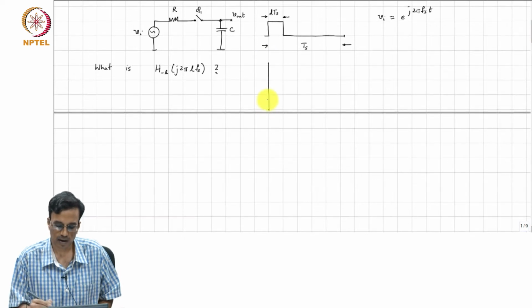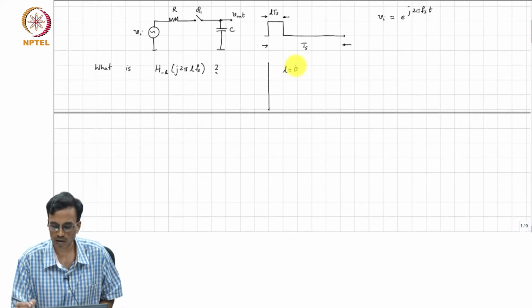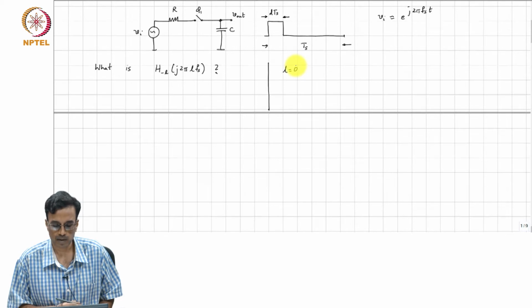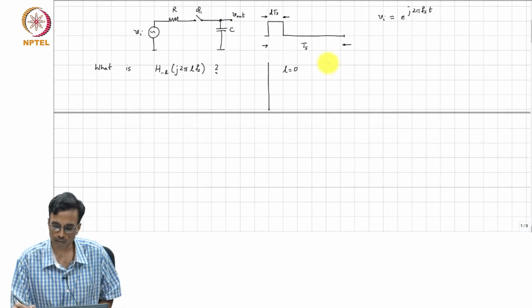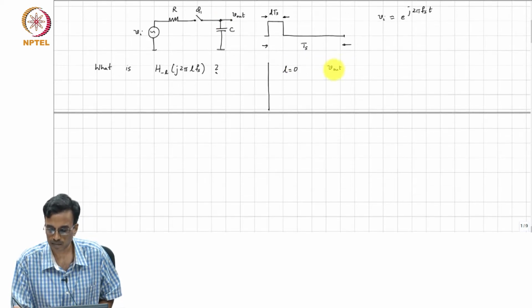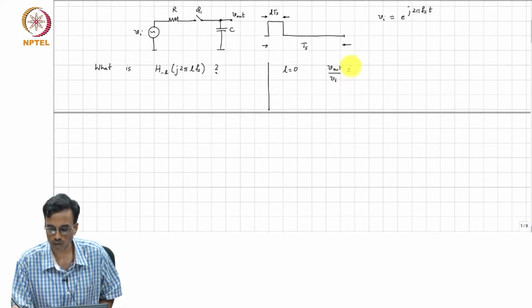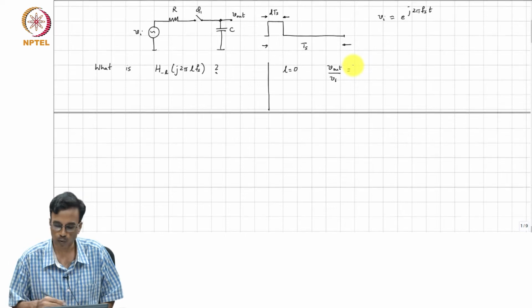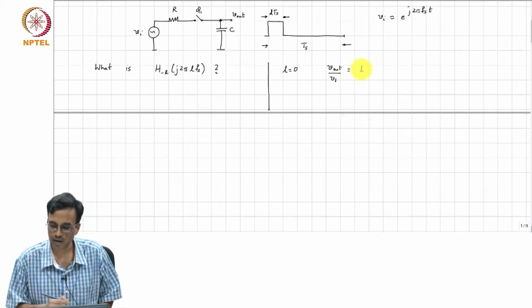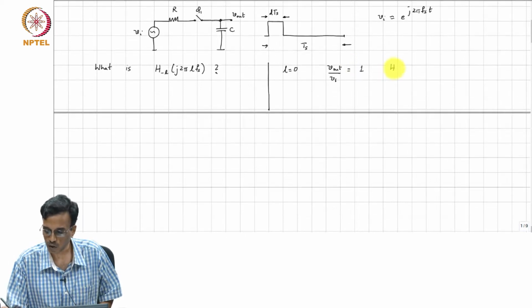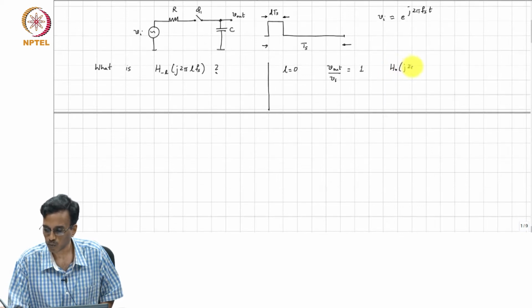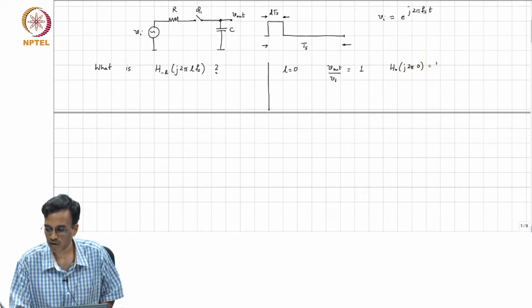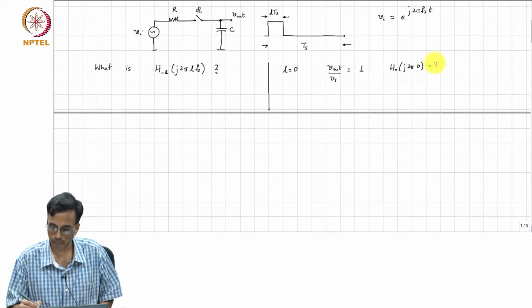We apply for L is 0, well, it is DC. So, what comment can we make about V out by Vi? Well, if you put DC, the output voltage across the capacitor is 1. So, V out by Vi is 1, and therefore, H 0 of j 2 pi 0 is 1, all right.